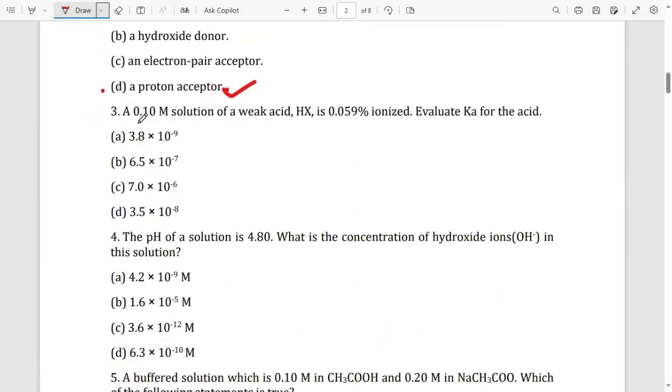And then number three, they're saying a 0.1 molar solution of weak acid HX is 0.059% ionizable. Evaluate the Ka, or calculate the Ka.